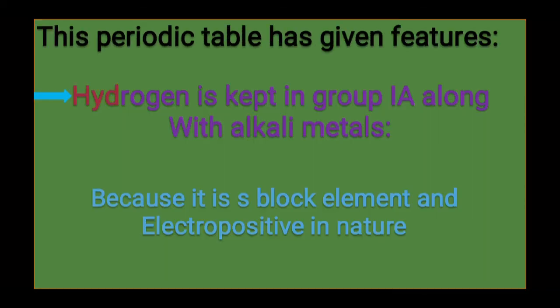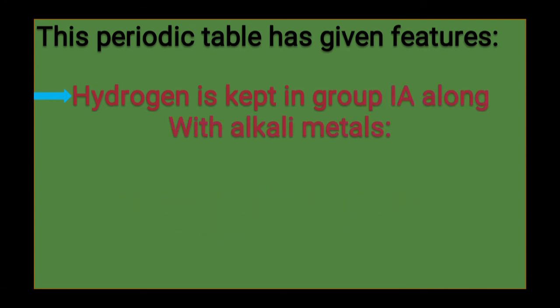This periodic table has the following features. Hydrogen is kept in group 1A along with alkali metals because it is an s-block element and electropositive in nature.